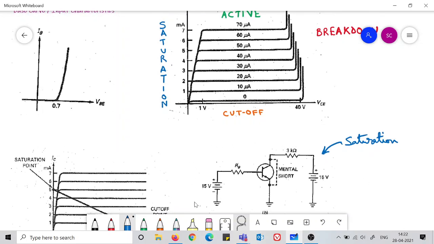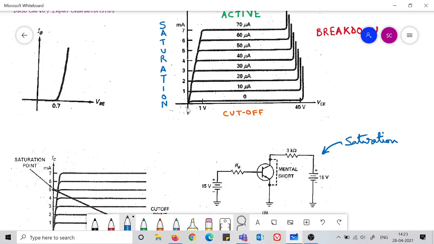We apply this simplification of mentally shorting the transistor, because during saturation VCE is so small that we can almost take it as 0. So when we take it as 0, we can calculate the current IC in this circuit, and we can say the saturation current is that much. It is not exactly that, but it is nearly that.